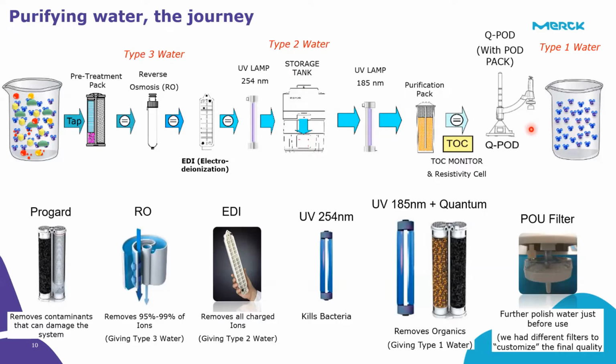But notice what normally happens is that we have monitoring technologies after every step. After a pretreatment, you have a conductivity cell just to check the conductivity of the water before and after reverse osmosis. This helps us to know the performance of the reverse osmosis because it gives us the ion rejection percentage. And then after EDI, you have another reading of conductivity or resistivity to make sure you also know the performance of this electrodeionization module.